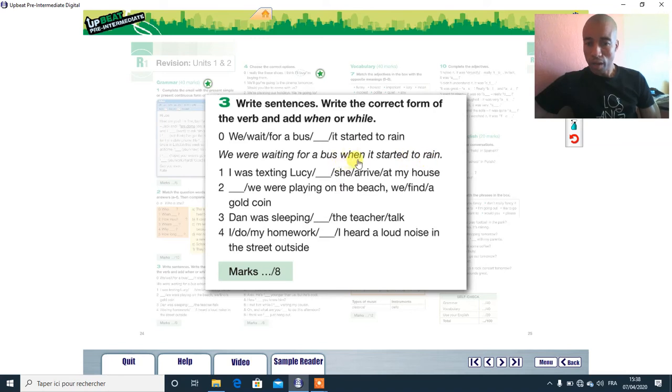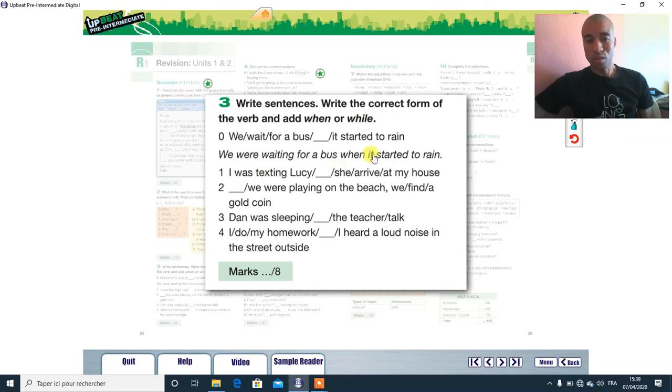So when here is followed by the simple past, okay? And as I explained in the lesson before, we said that when is followed by the simple past, okay, and while is followed by past continuous, right?